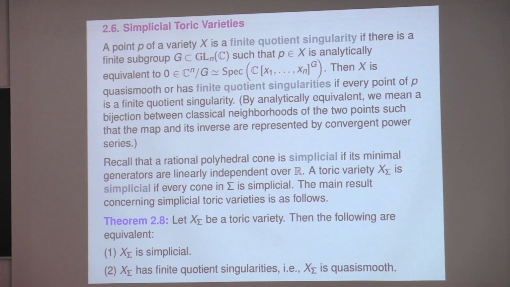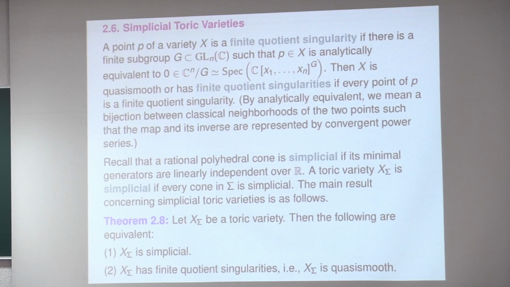So let me make a small jump over here. Now I'm going to talk to you about simplicial toric varieties. We gave this definition of simplicial before for a cone, but for a fan it would be that each cone is simplicial. We were talking about these simplicial cones before.